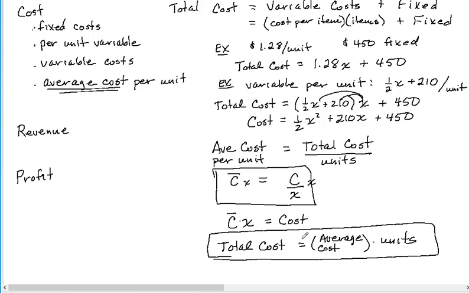So when we talk about cost, there are many different pieces to it. The cost is the total cost. Average cost is always a per unit cost. For the other types of cost, read your questions very carefully to figure out if it's a per unit variable cost or the total variable cost. Okay, next let's talk about revenue.